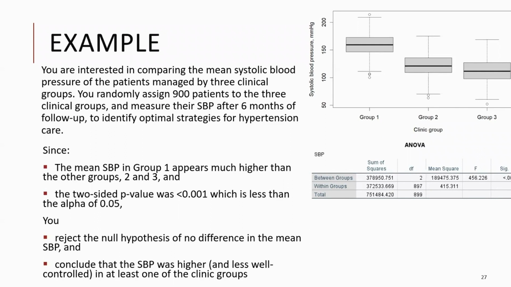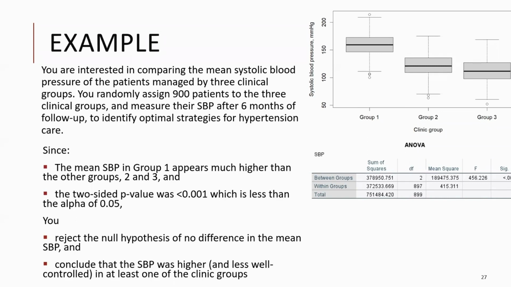Now, between the groups, the degree of freedom, as you saw on the previous slide, is usually n-1, so that ends up with 2. And within the groups, it's the sum of all the n's minus the number of groups, which in this case gives us the 897 we're seeing there.